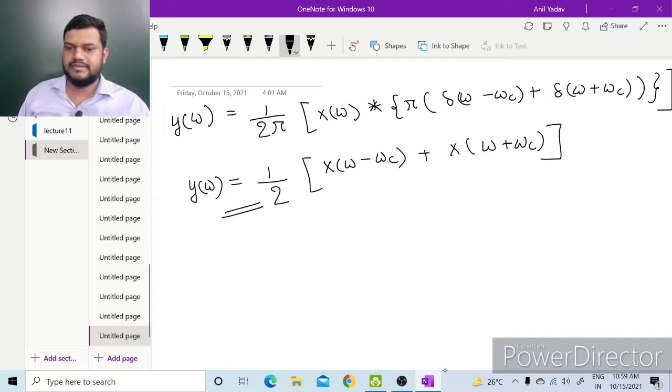We can multiply this signal x(t) with a sinusoidal signal also.